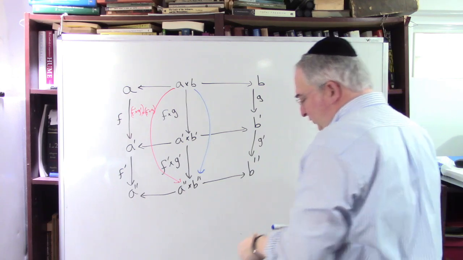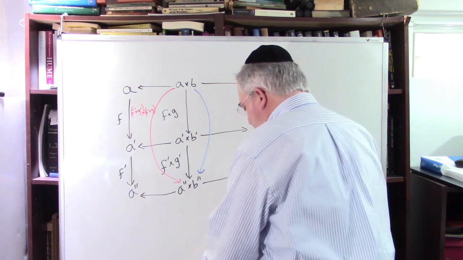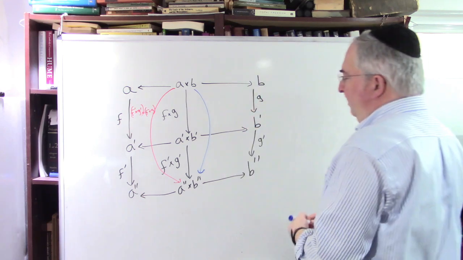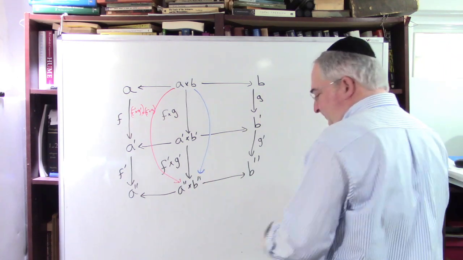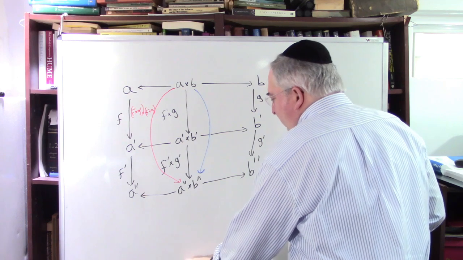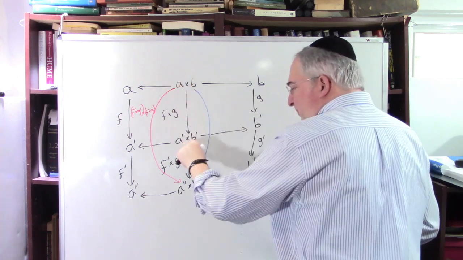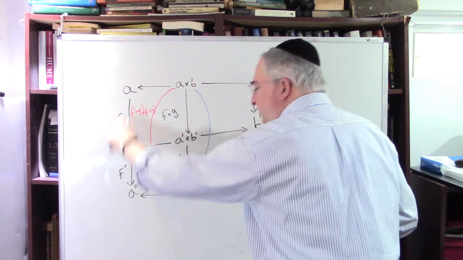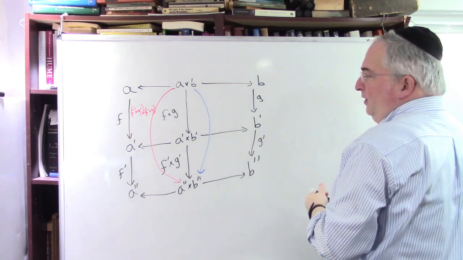Okay, it goes as follows. You ready? This is a product, and there's a map from here, not from here, but from here till here. And there's a map from here till here.